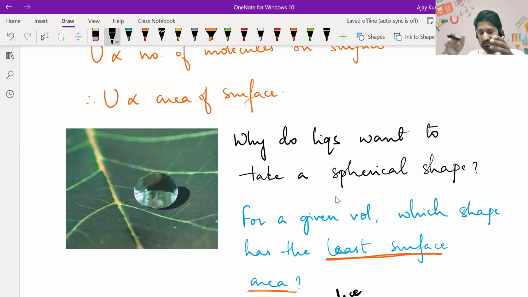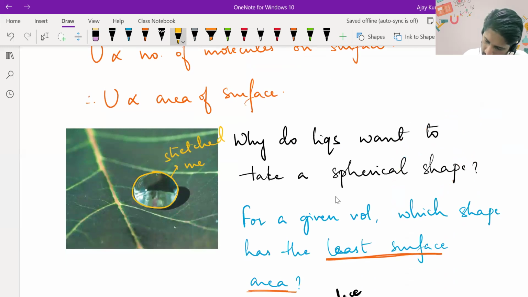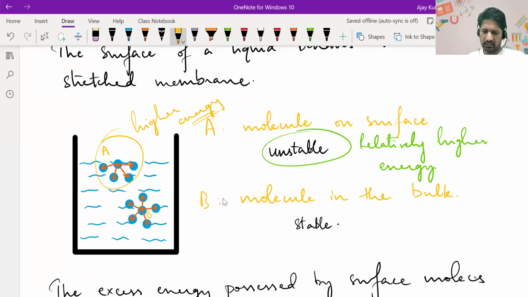In that process, the surface of a liquid effectively behaves like a stretched membrane, like a tight membrane. You can say it is a result of the intermolecular forces between the surface molecules.